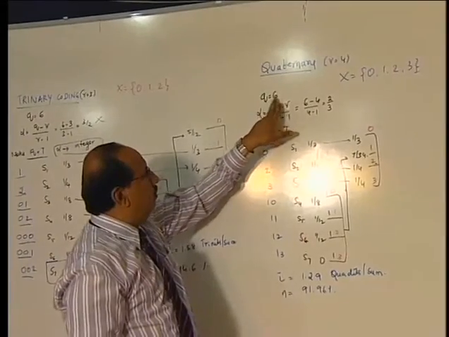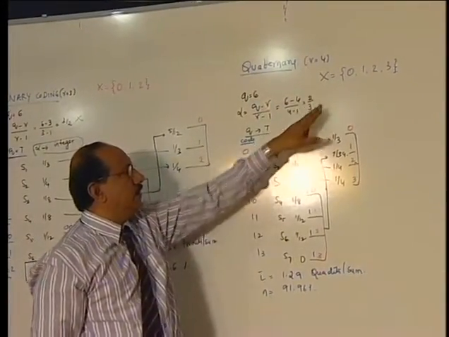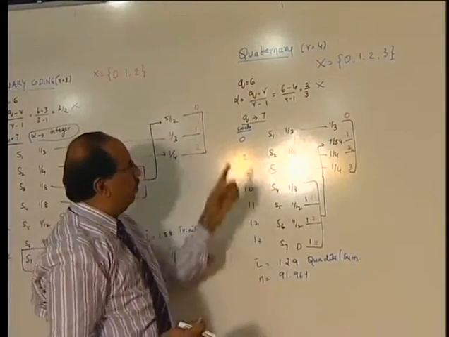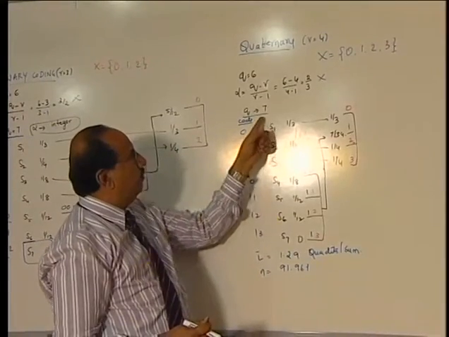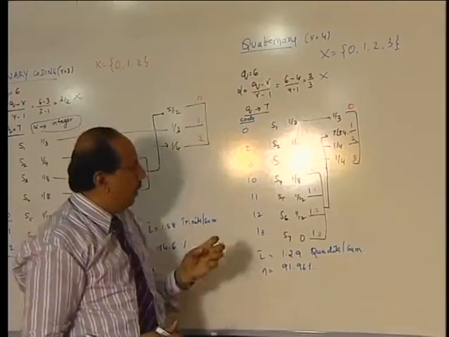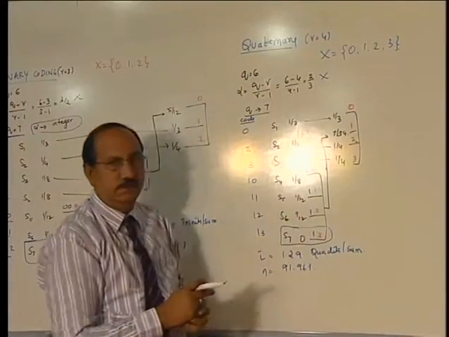In this case q equal to 6, and when I go for r equal to 4 in the quaternary, at first I will get 2 by 3, which is not an integer. If I make q equal to 7, then (7 minus 4) is 3, 3 by 3, I will get an integer. So I will add one more symbol with 0 probability, as I did in the last case.